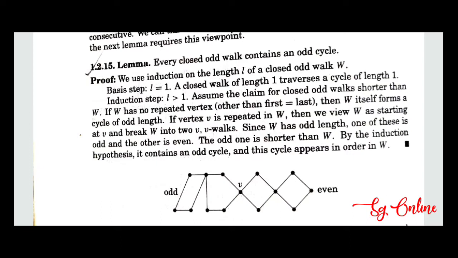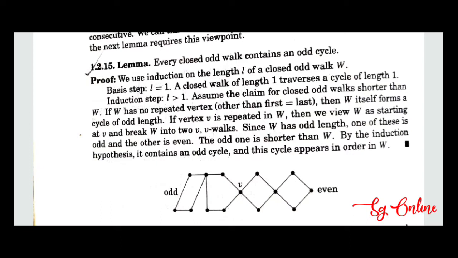You can remember we previously had a result that every closed walk contains a cycle. Now to be precise, here we want to prove that every closed odd walk contains an odd cycle.